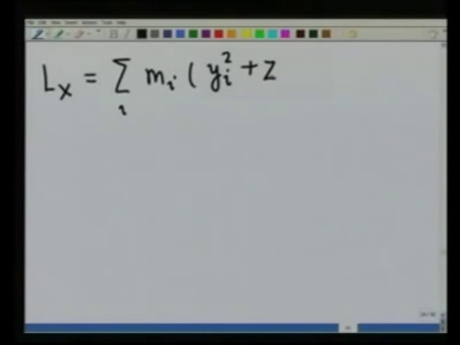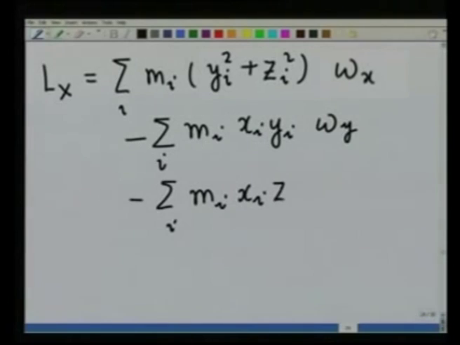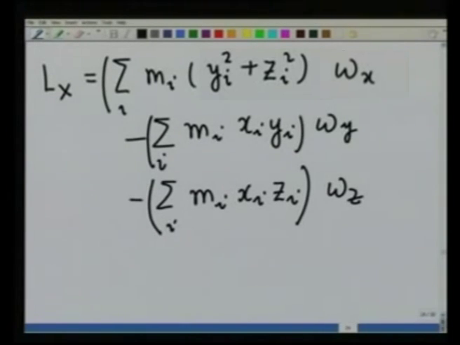So, let us collect these terms and write Lx as summation over i of mi yi square plus zi square times omega x, minus summation over i of mi xi yi omega y, and similarly minus summation over i of mi xi zi omega z. Let me put these terms in brackets and identify them.